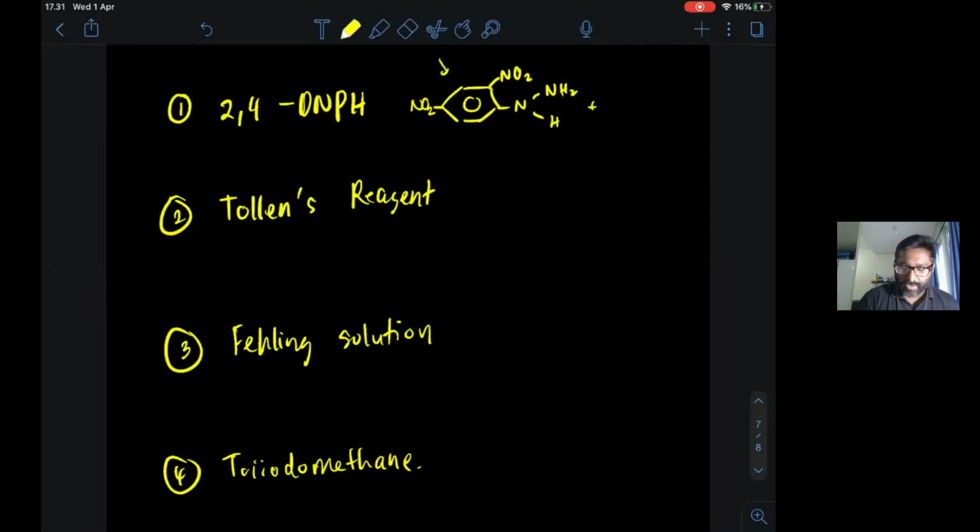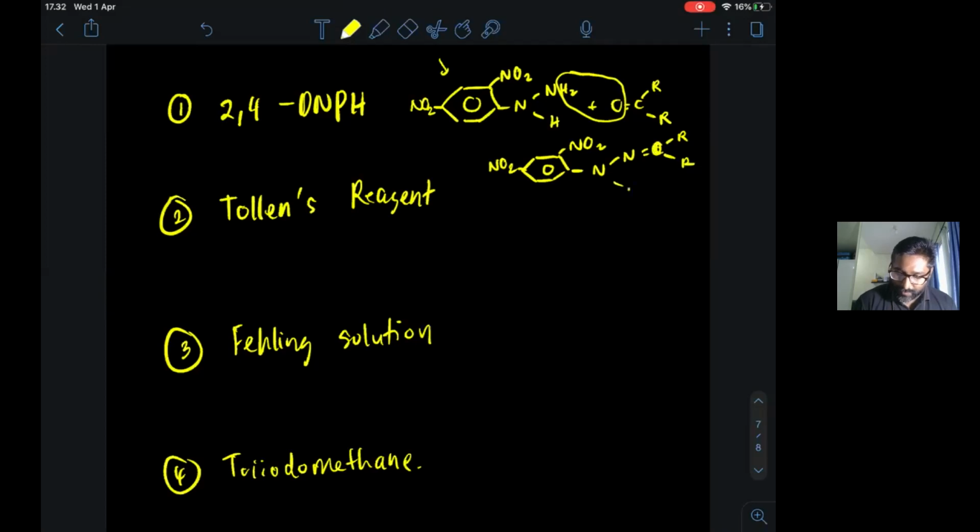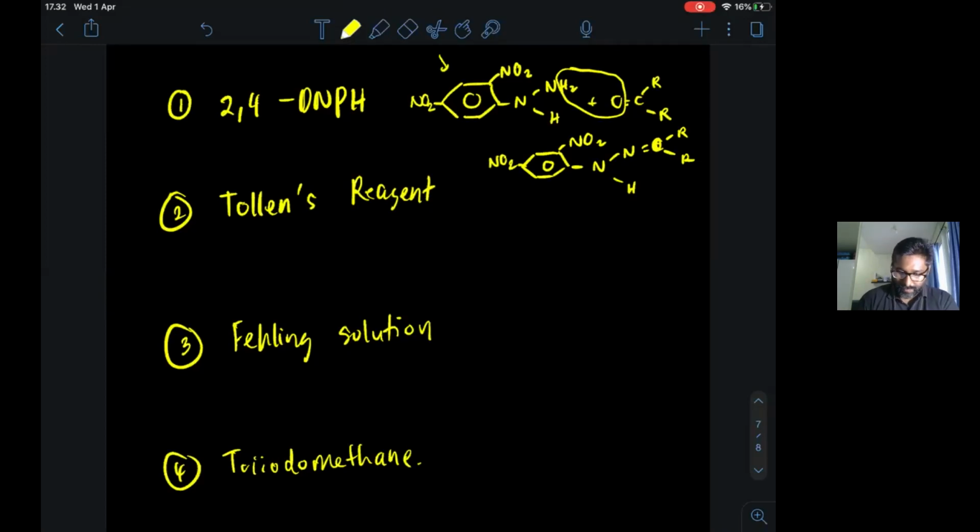Then it will react with, let's say, C double bond O, R and R. The H2O will come out, and you will get a hydrazone molecule: N with another N, double bond O, R and R, this is C, and this is H. And this is going to be the color. Can someone tell me what the color is, Wesley? Deep orange. Good. This is going to be a deep orange precipitate or crystal that can be crystallized.